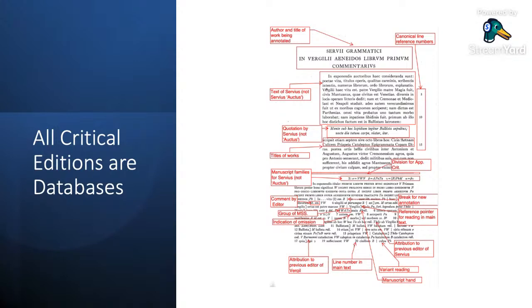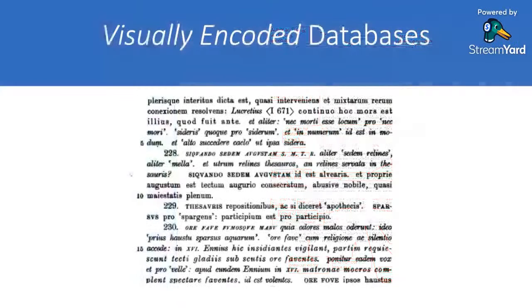And I say that they're encoded because these editions are actually visually encoded databases. Whenever you look at the text of a critical edition, the different typographical conventions and layouts are saying things to you. They're encoded in a way that your eyes can understand them.